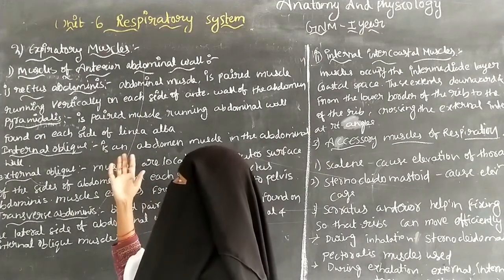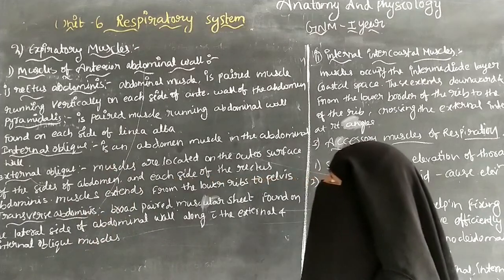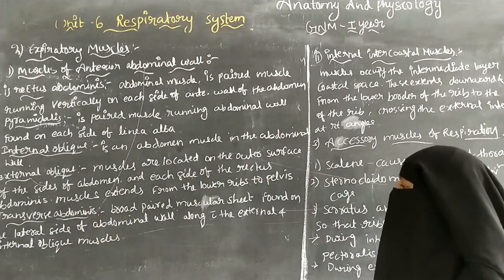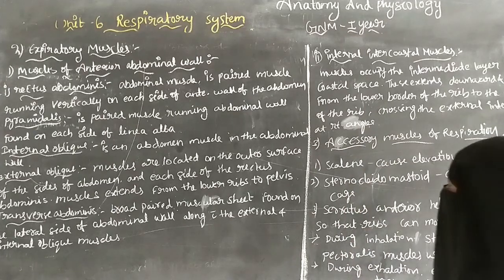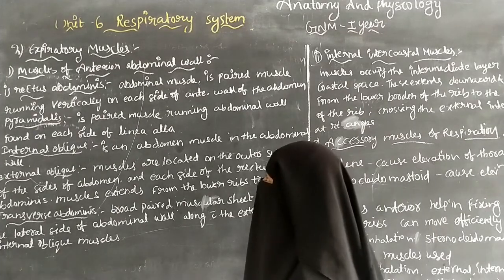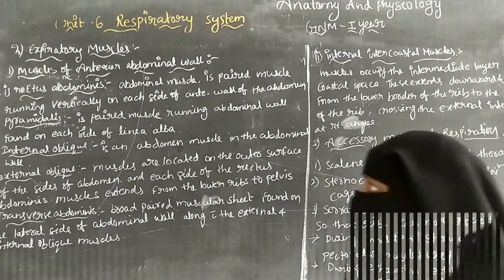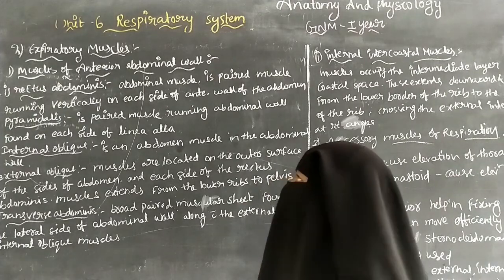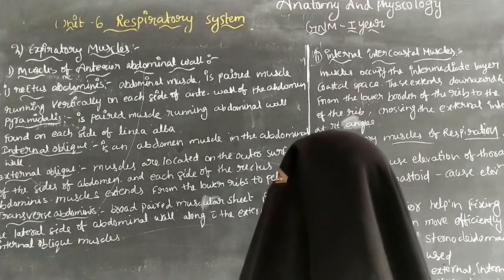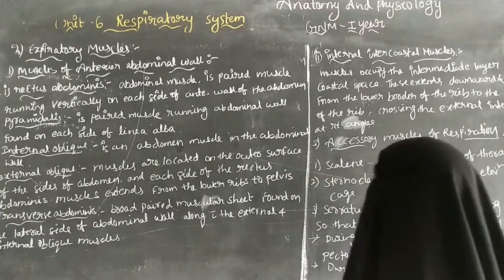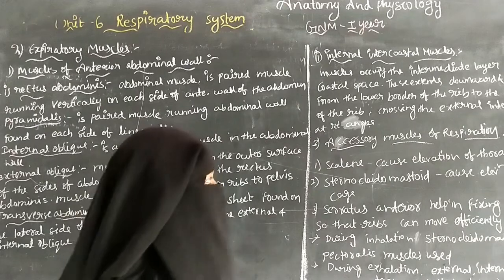There are two types of expiratory muscles: the muscles of the anterior abdominal wall and the internal intercostal muscles.